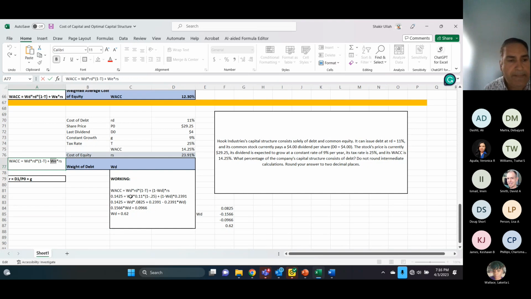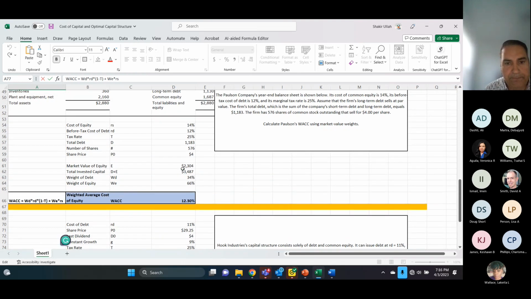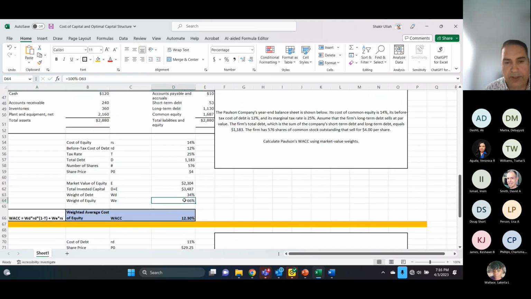And what would that tweaking be? I just showed you here, right? When we were calculating this value, how did we do that? 100% minus the cost of debt, right? So in other words, we can say that WD could be equal to 100% minus WE.